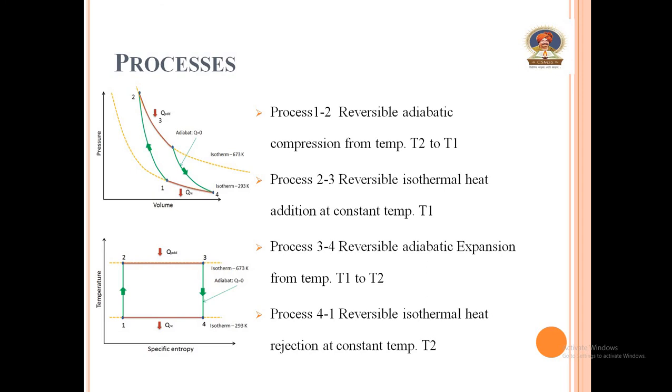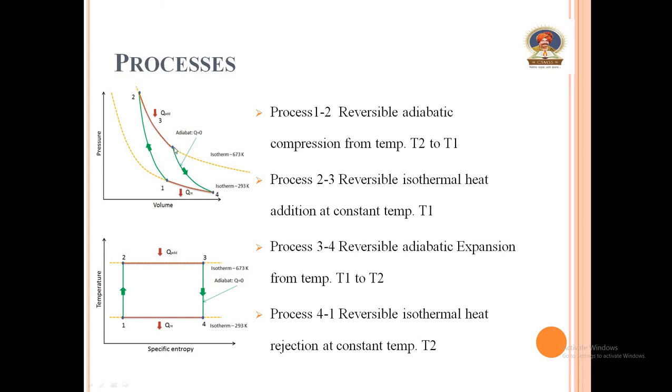Then the next process is process 3 to 4. This process is similar to 1 to 2, but in the opposite direction. So this is a reversible adiabatic expansion process. What happens in the expansion process? In the expansion process, pressure decreases and volume increases.